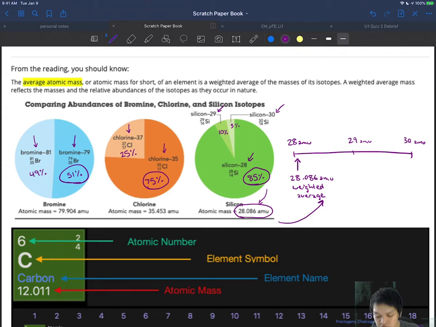A normal average here would be 28 AMU plus 29 AMU plus 30 AMU, and since I'm adding 3 different isotopes, I divide by 3. This would give me 29 AMU. That's a normal average, but it's not useful to have a normal average when we know that there are more silicon-28 atoms in our world. Okay, so what are we going to do with this information?